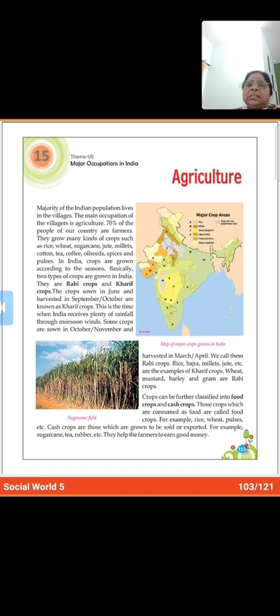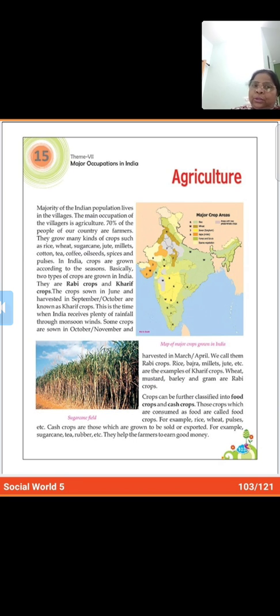Now, what is agriculture? Means, what do you mean by agriculture? So, agriculture in Hindi you can say krishi, farming, growing crops. Okay, you can say it's an art and science of cultivating the soil, then growing crops and raising livestock.